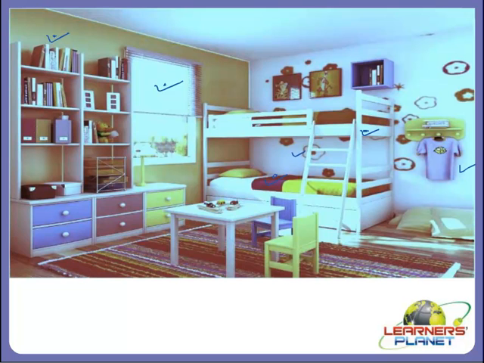This shirt which is hanging over here is made up of a different material, and the hanger is also made up of a different material. Chair and table are made up of different material. These drawers are made up of different material, right?